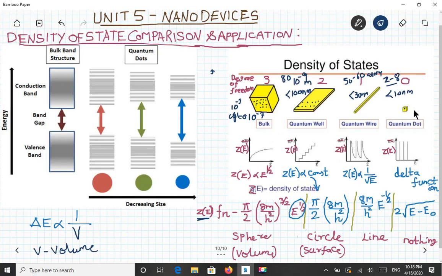That's the aim of this entire unit. So we will devise a quantum dot laser, then a single electron transistor. How we will use the single electron to make a transistor, that is with the usage of this quantum dot only.